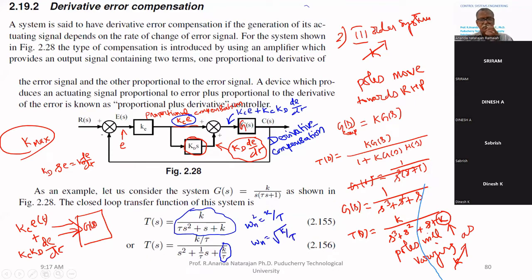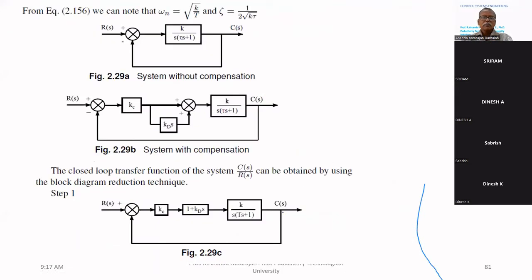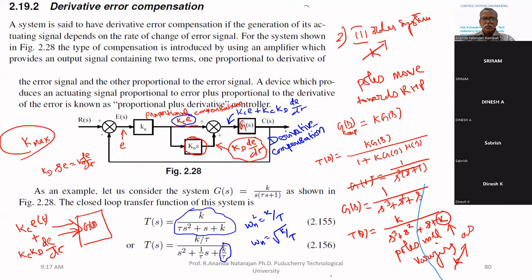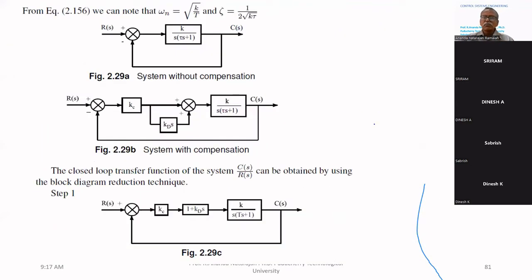That is the original system. G of s equal to K upon s (tau s plus 1).